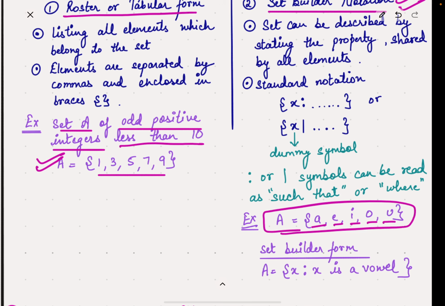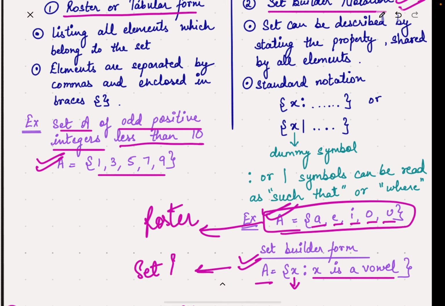So in set builder form, we represent this set using a general element X that represents all the elements of this set, and we can say X is a vowel. So A is a set that contains all the vowels. This is the roster form and this is the set builder form for the same set.